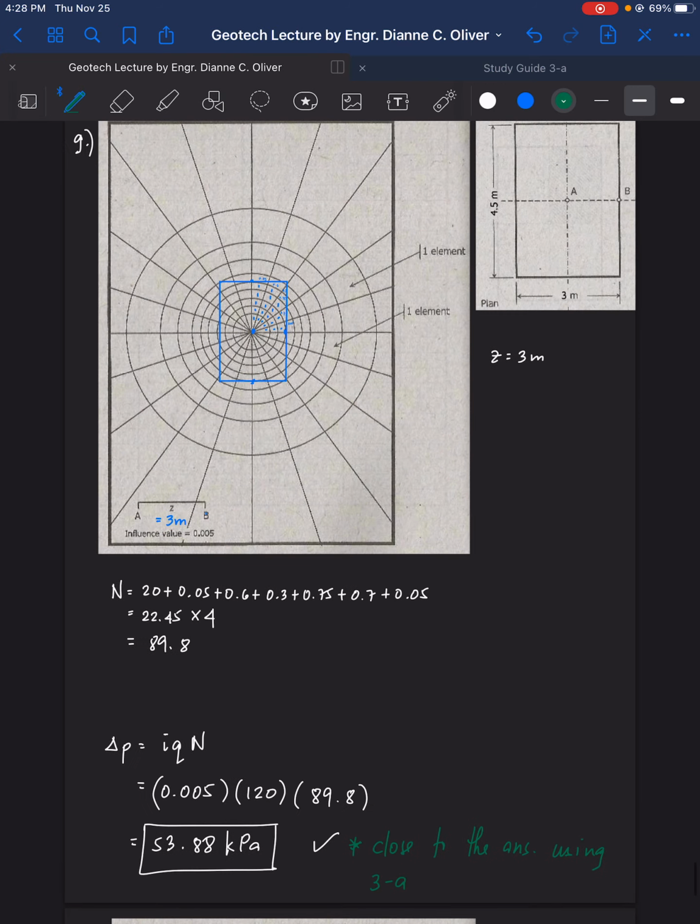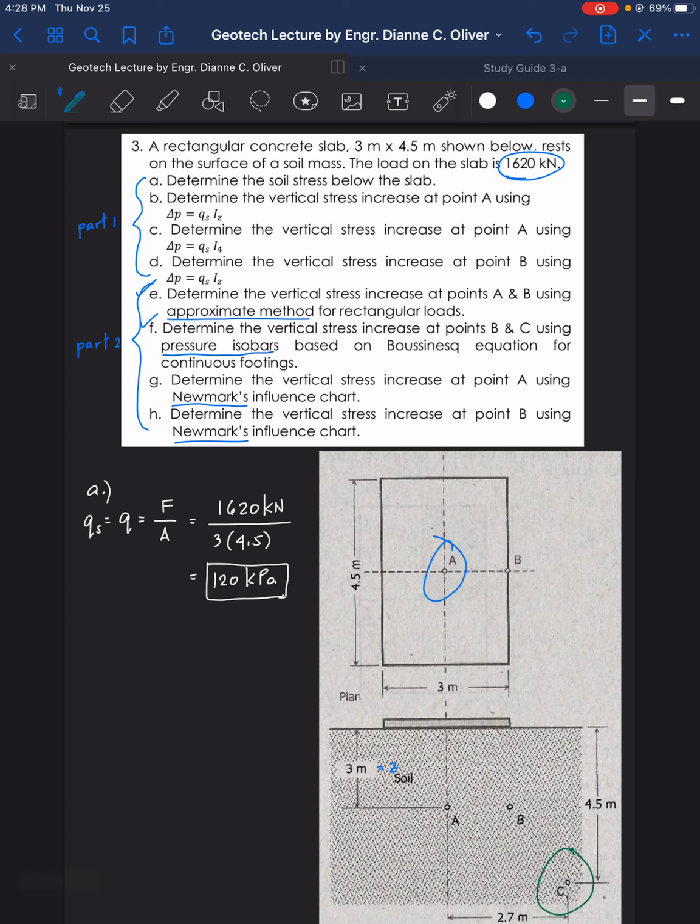For number 3, so this is the last. No, we still have H. Yeah, I see, there's still H. The last is H. Determine the vertical stress increase at point B using Newmark's influence chart. So we are to concentrate on point B. So this portion here.